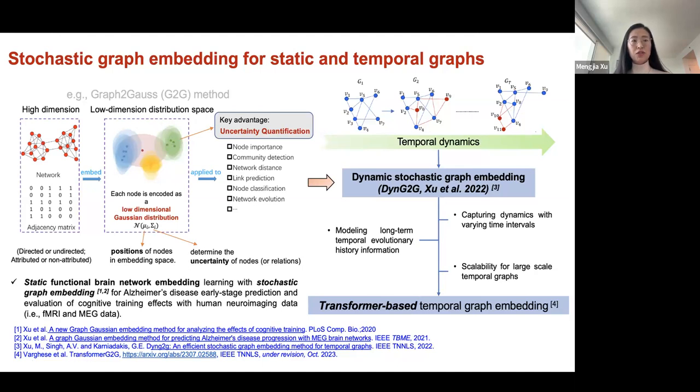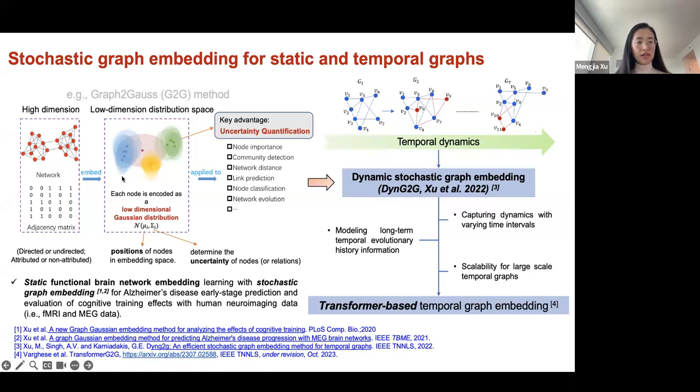As I showed in the previous slide, it can show the neighborhood diversity of the node, and it can also help capture the latent dimensionality of this large-scale graph. And with all of these latent embeddings, we can use the mean vectors for many different downstream tasks, for example link prediction, node classification, community detection, and many other graph inference tasks.